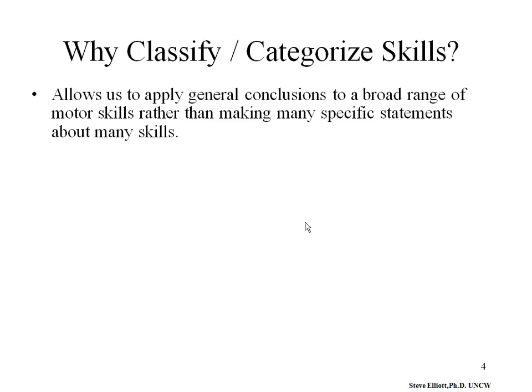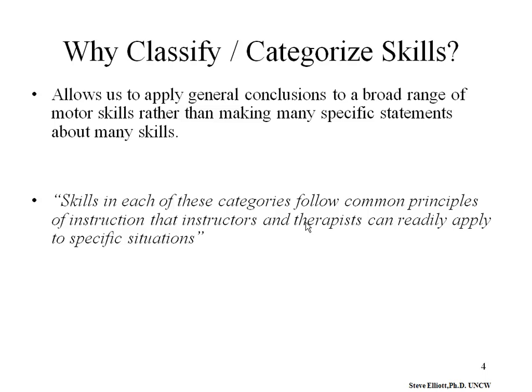A good analogy to think about is the classification system in biology that allows us to put different animals into different categories. So if we're able to categorize a skill into one of the classification systems that we're going to discuss, then we can take the recommendations on how to teach those skills and apply it to our situation.